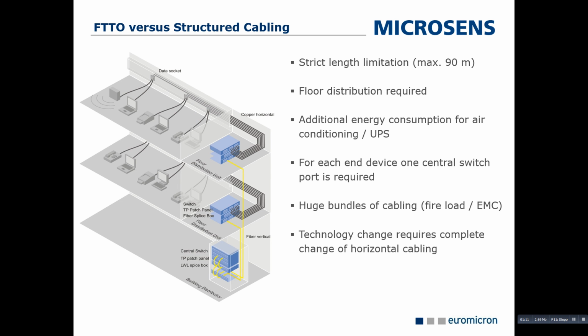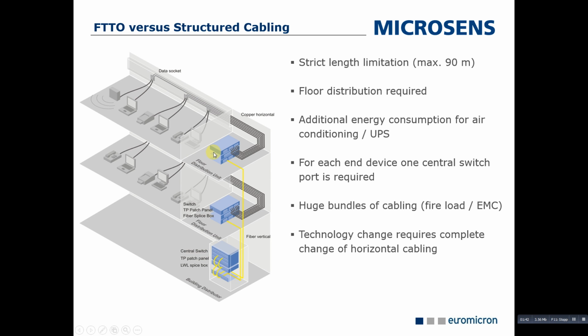So the problem here with the structured cabling solution, and I hate this problem, is that you have a length limitation, because with this cable you are limited to 90 meters maximum. And when you have a floor like a hospital, for example, 90 meters is nothing. Additionally, you have to consider for each building and for each floor these distribution floors, because here you have to install the distribution switches along with the cabinets.